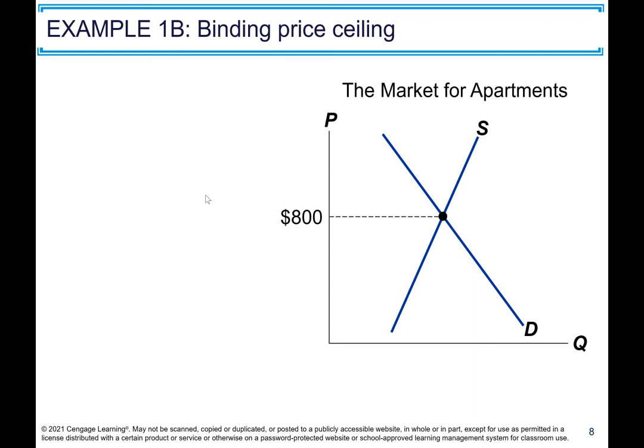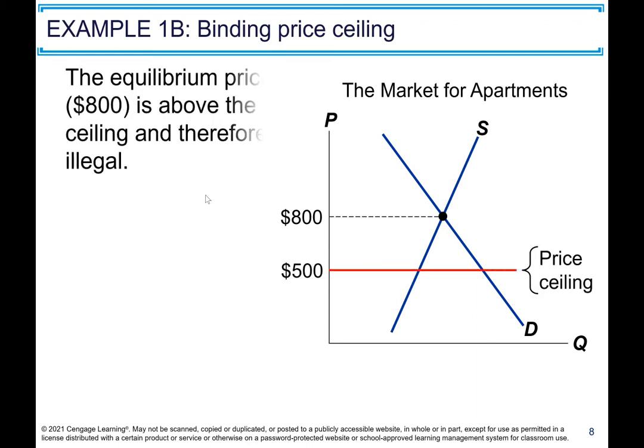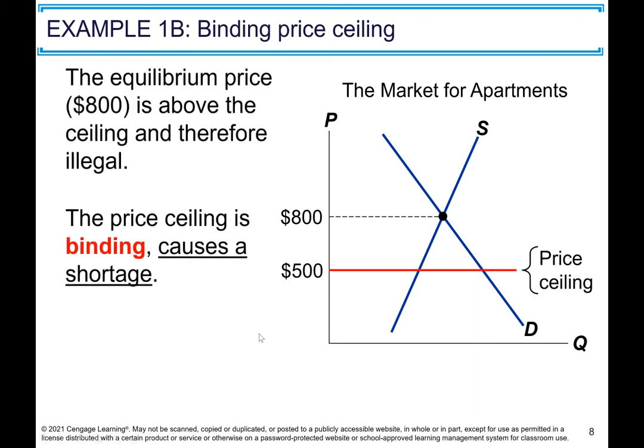What about a binding price ceiling? When the price ceiling is set below equilibrium, 500 is below 800, that is a binding price ceiling. The equilibrium price of 800 is above the ceiling and therefore illegal, so the price ceiling is binding and the result is a shortage in the market.